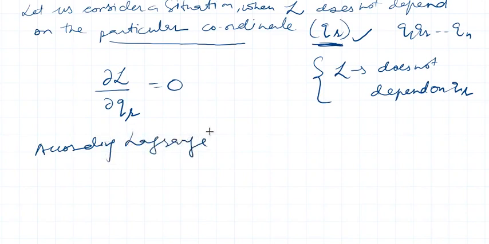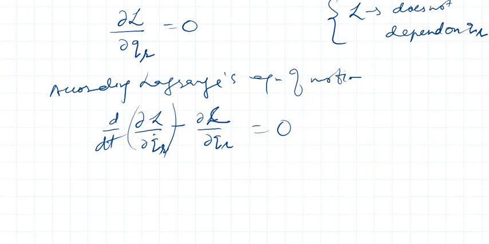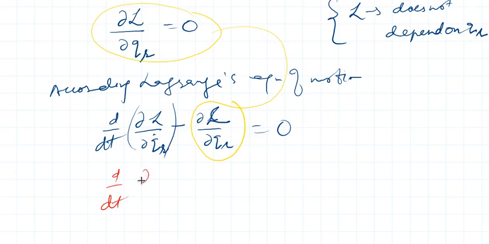If I consider this case, then according to Lagrange's equation of motion, let me call that equation, it is d upon dt of partial L over partial Qr dot minus partial L over partial Qr. It is always equal to 0. But as I know that the second term will be 0, if I put it here, then what I am getting is d upon dt of partial L over partial Qr dot equal to 0.